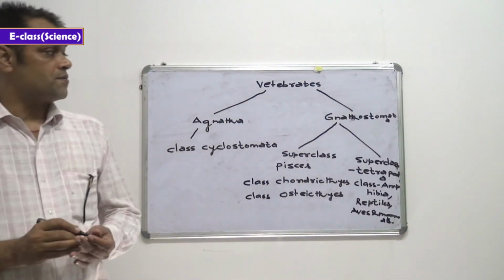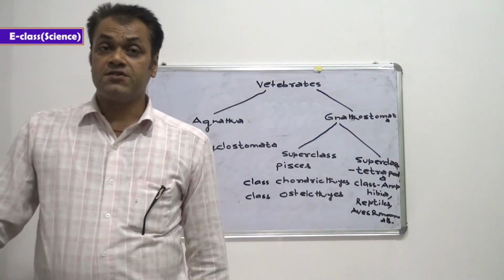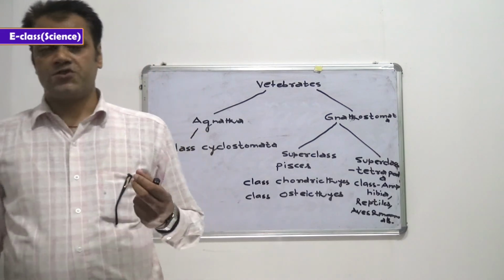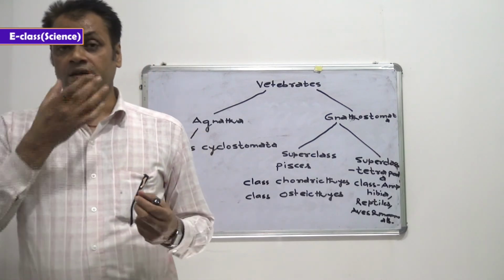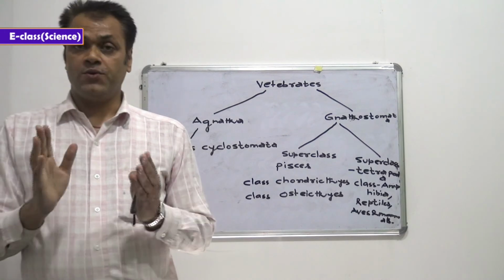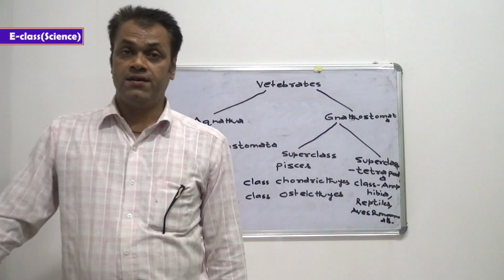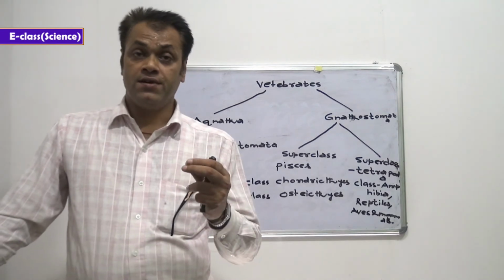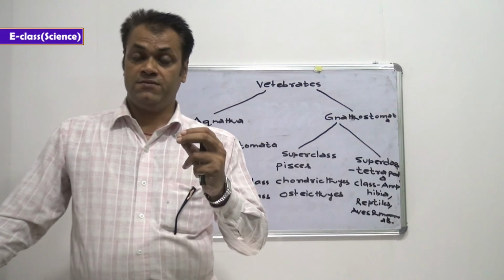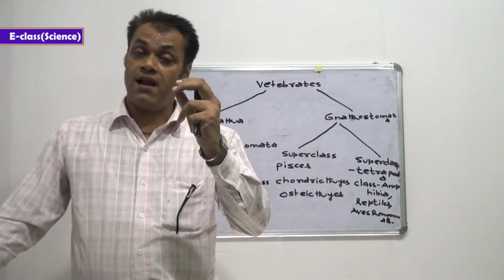So now I am going to start with Agnatha, that means jawless vertebrates. The vertebrates which don't have jaws. This is called the lower jaw and this is called the upper jaw. So there is no jaw in Agnatha. Notochord is replaced by vertebral column, but in most cases notochord persists throughout their life.